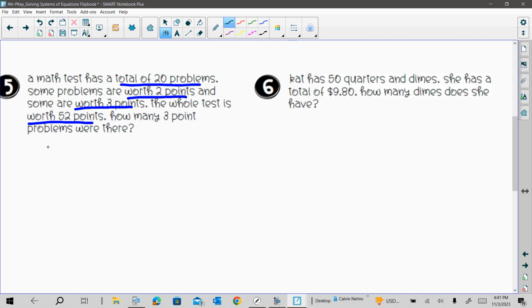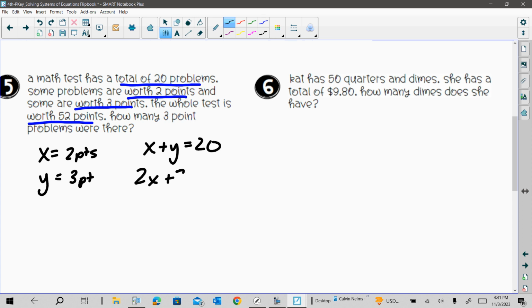Hopefully you start with X as your 2-point questions and Y as your 3-point questions. A total of 20 questions would be X plus Y equals 20, and a total of 52 points would be 2X plus 3Y equals 52.